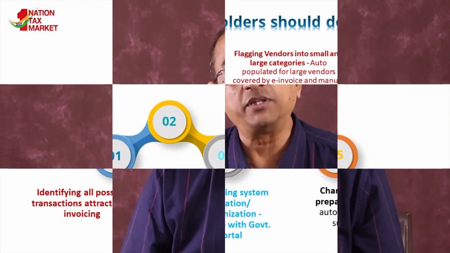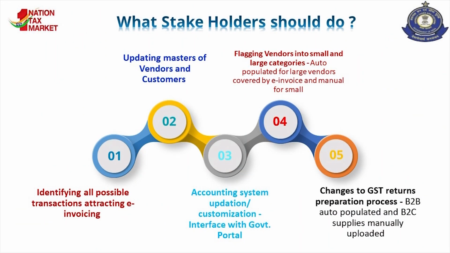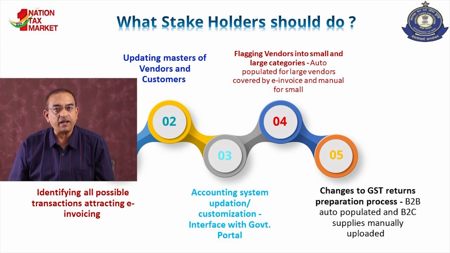What are the changes that the stakeholders will have to do with reference to e-invoicing? First of all, they should identify all those transactions which attract e-invoicing mechanism. They will have to update the masters with reference to their vendors as well as with reference to their customers. They should integrate their legacy ERP system compatible to the government portal so that the invoice registration number is generated by the portal seamlessly.